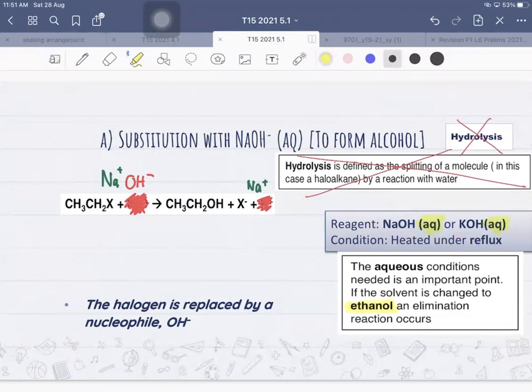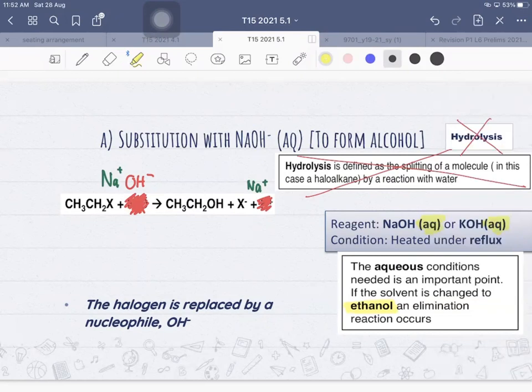So if you don't write down whether it's aqueous sodium hydroxide or ethanolic sodium hydroxide, then your answer is vague and CIE can penalize you. It shows that you're not sure. So it's important for you to write down the solvent. Is it aqueous or is it dissolved in ethanol?